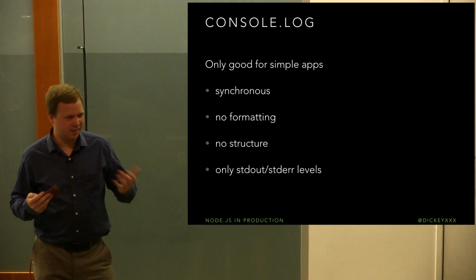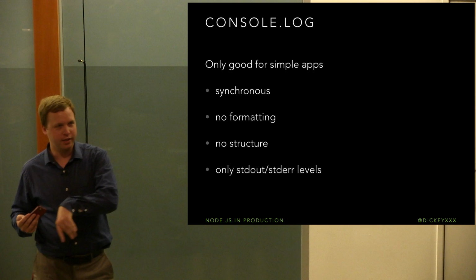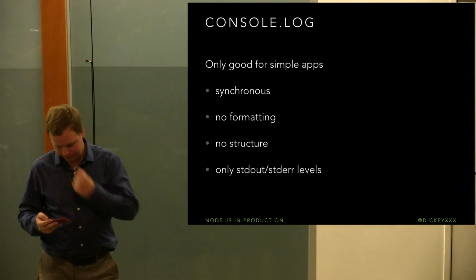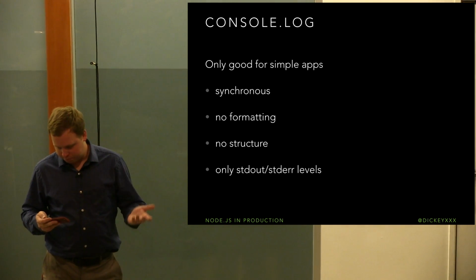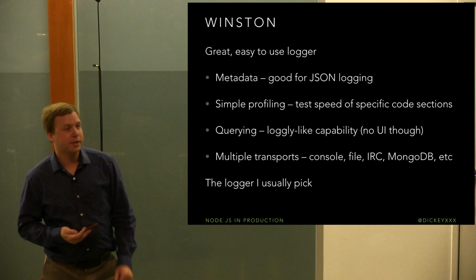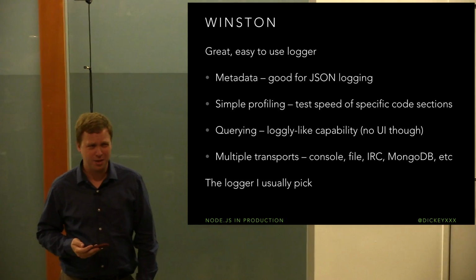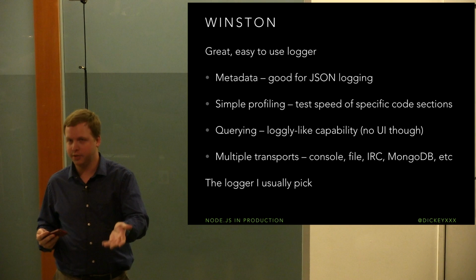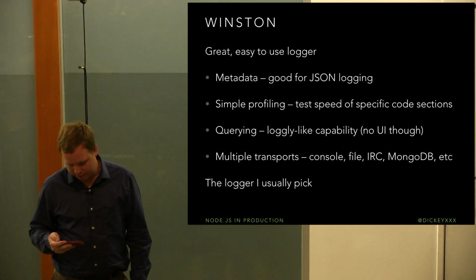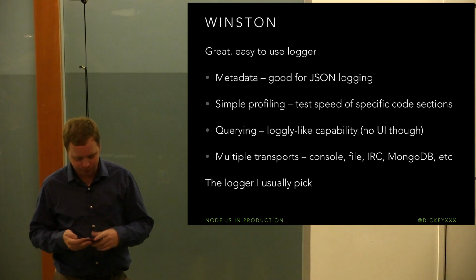The other thing is it doesn't have some of the meta stuff you'll see in the other loggers that I'm going to talk about. So my favorite logger is Winston. Winston is just as easy to use as console.log, aside from the fact you have another dependency, but it's asynchronous, of course.